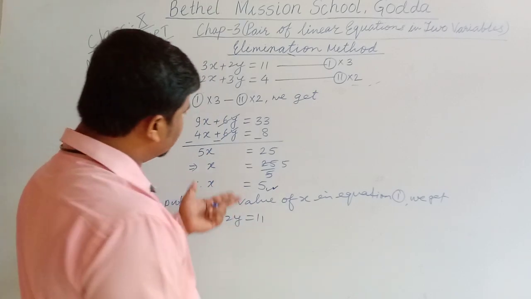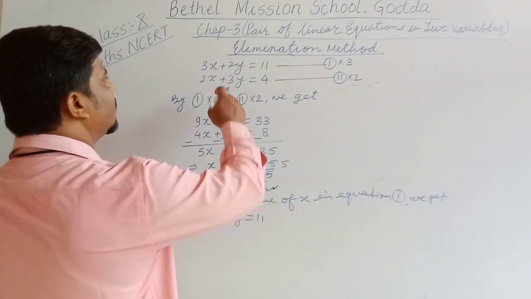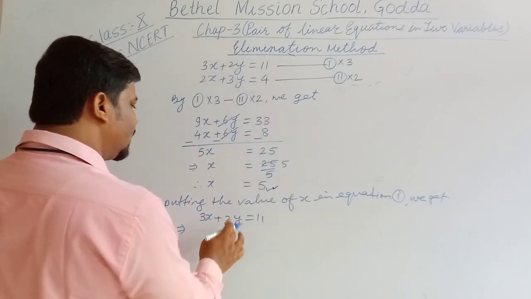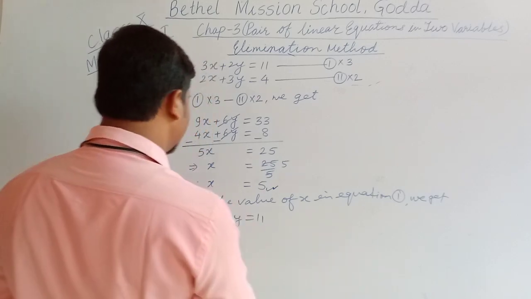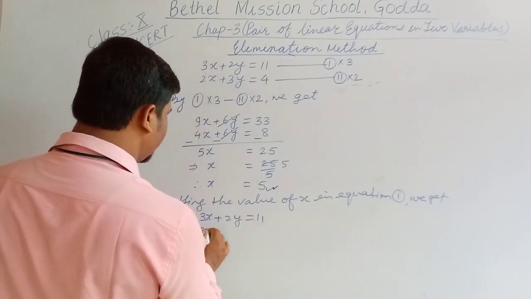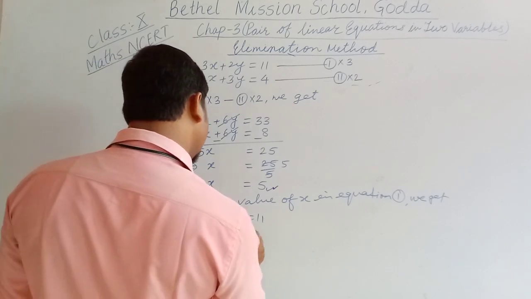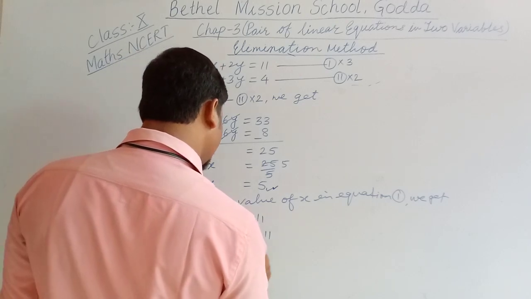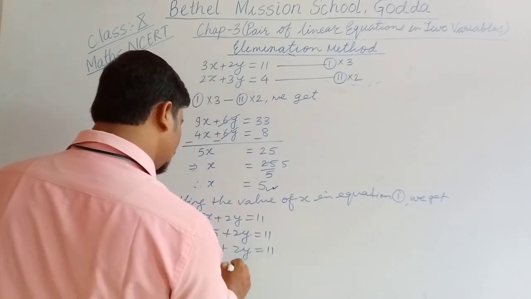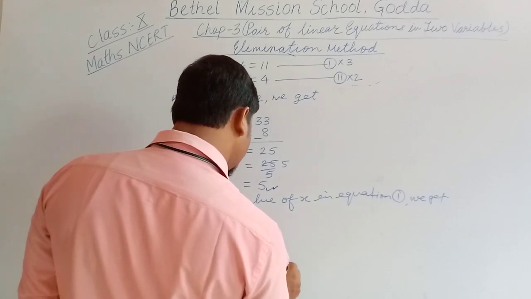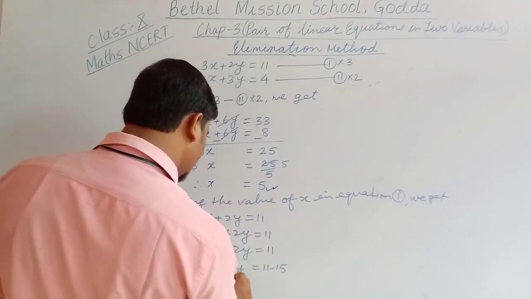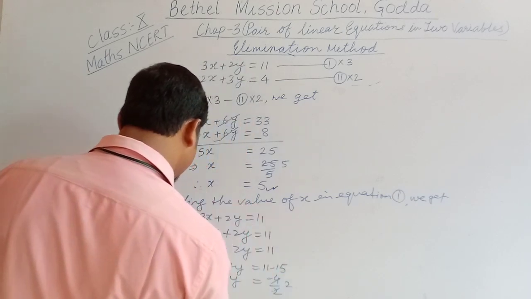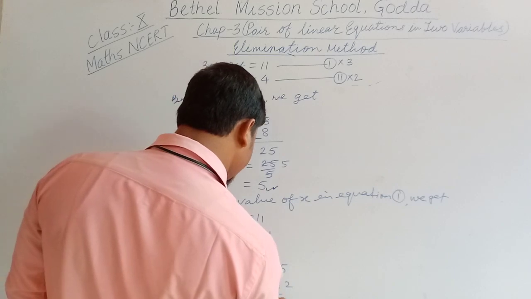I told you the value of x you can put in any equation, either in 1 or in 2. In both the equations you will get the same result. So here will be 3 into 5 plus 2y equal to 11. And this will be 15 plus 2y equal to 11, and 2y equal to 11 minus 15, or y equal to minus 4 upon 2, 2 2s are 4, therefore y equal to minus 2.